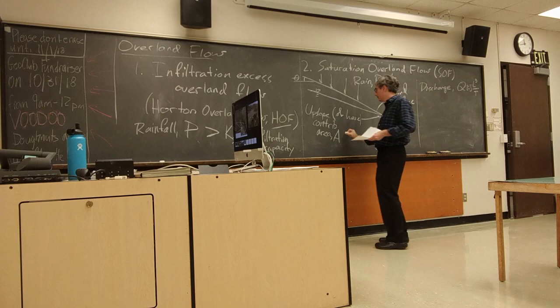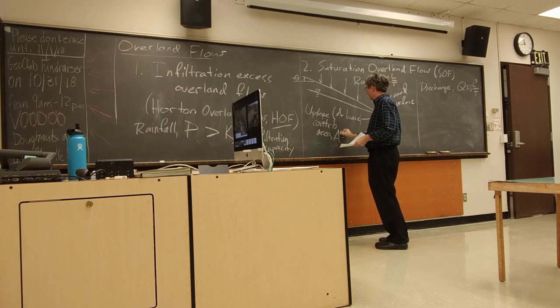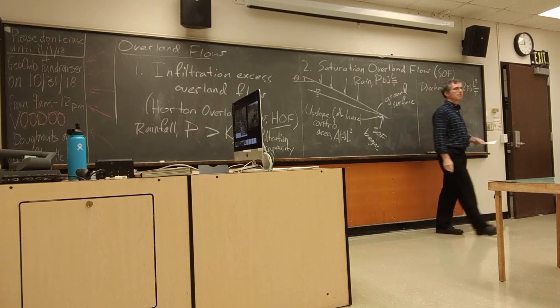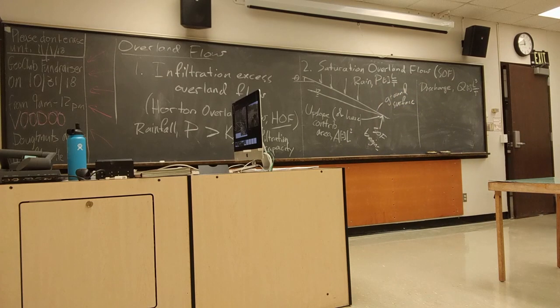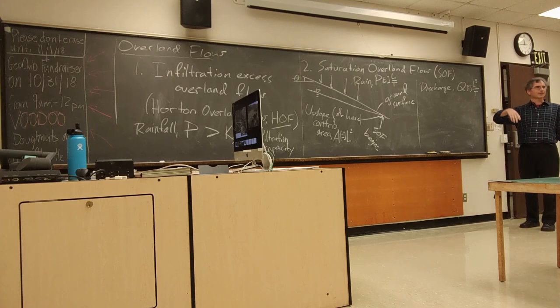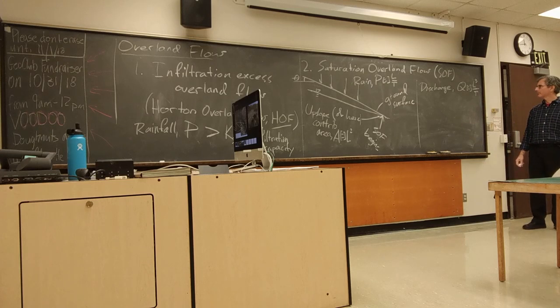Contributing area, that's a length squared. So what's one way, just simple conservation of mass, to figure it out? And let me say it's raining this hard, and it has been raining this hard forever. At least, in Oregon. Not yet, pretend it's end of November instead of beginning.